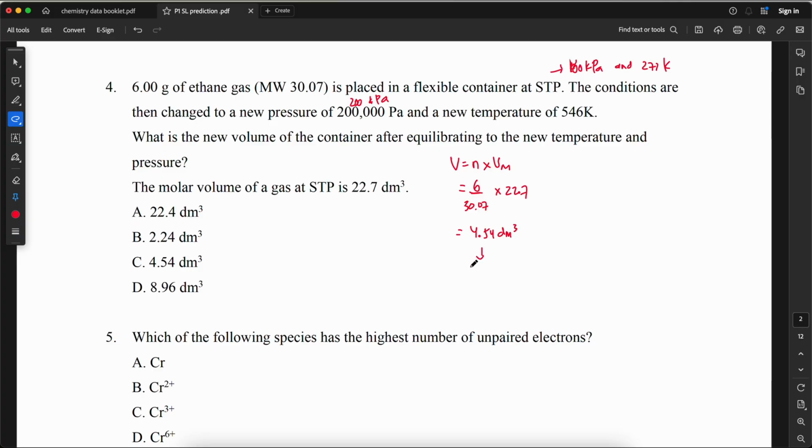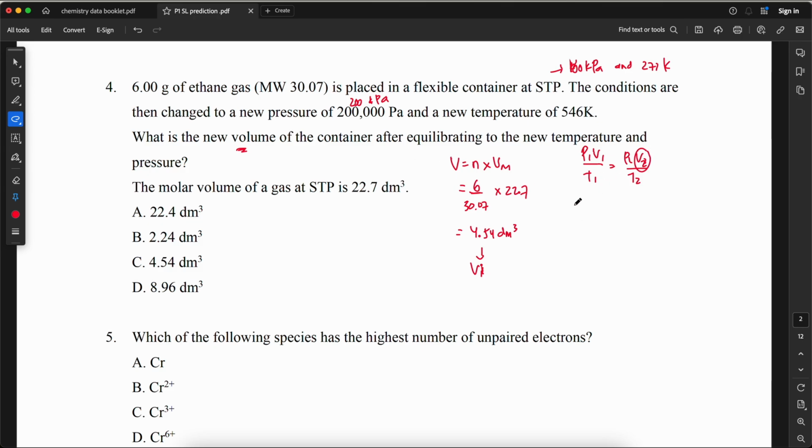So this will be the initial volume. Okay. So because there are two volumes, there are two temperatures and two pressures as well. So we can use the combined gas law: P1 V1 divided by T1 equals P2 times V2 divided by T2. Okay, so we need to find the second volume.